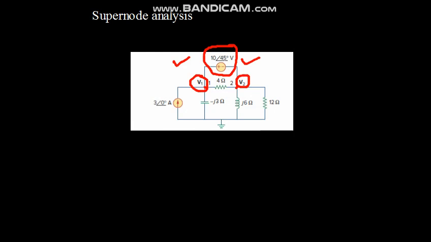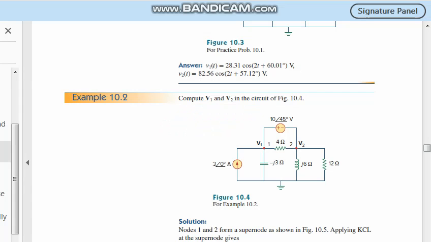In that case, what can we do? First of all, you have to just remove this part from the nodal analysis. Now we go on to the book.